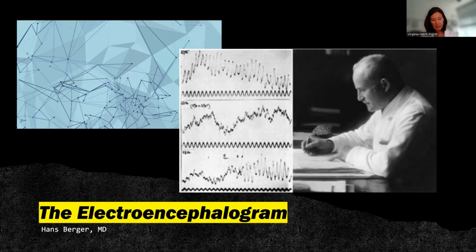He finally published his data in 1929, where the alpha rhythm, 8 to 12 hertz, and the beta rhythm, 13 to 30 hertz, were described for the very first time. He even purported that the EEG reflected clinical disorders. The alpha rhythm is sometimes called the Berger rhythm, after Hans Berger.